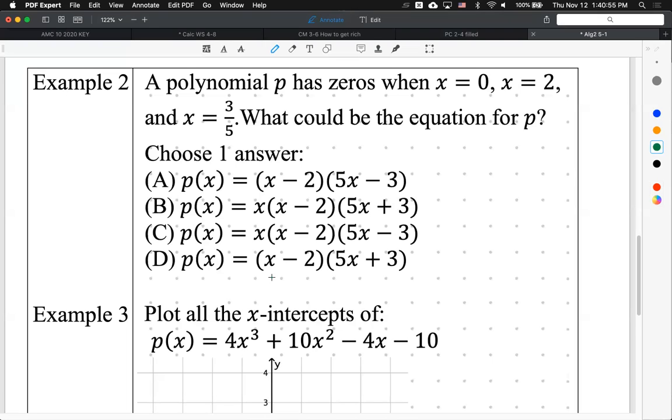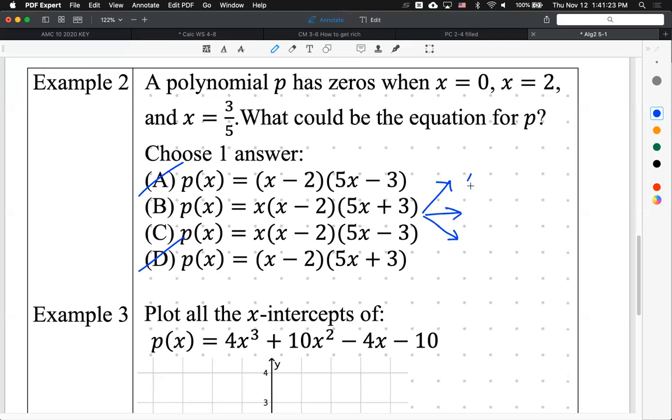All right, let's do this. Okay, so in order for me to have a zero when x is equal to 0, that means x needs to be one of the factors. X is a factor in B and C, so I can eliminate A and D. Again, using the zero product property to explain myself a little bit better. Let's pretend that we're solving for B. I would set all 3 of these equal to 0, so I'd have 3 equations from that one polynomial.